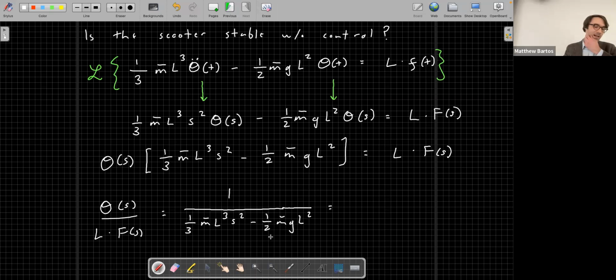So I'll multiply by 3 over m bar L cubed on the top and bottom. So we'll have 3 over m bar L cubed divided by s squared minus 3g over 2L.